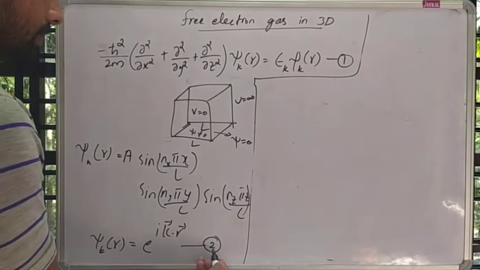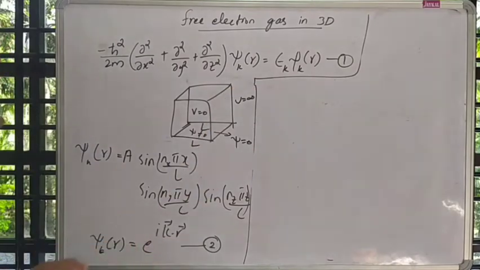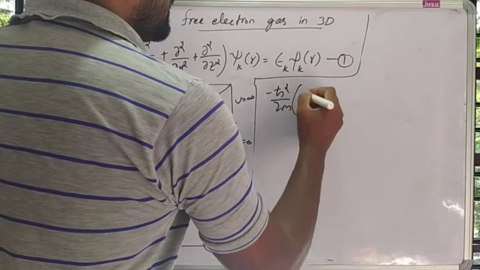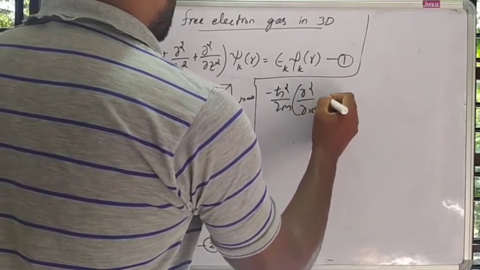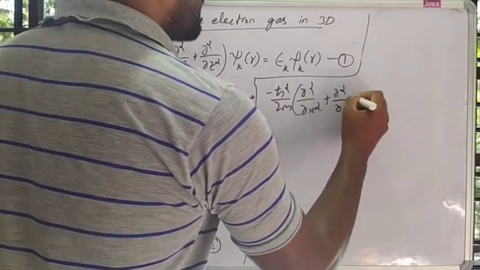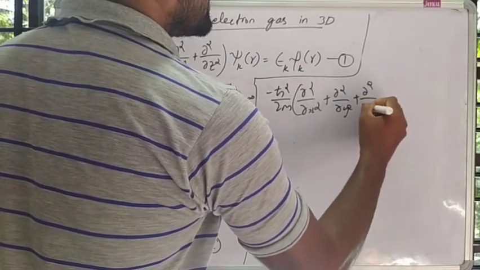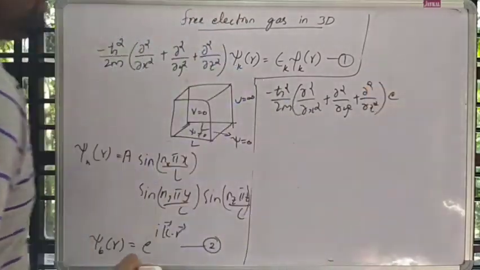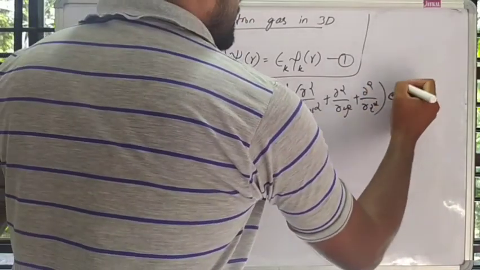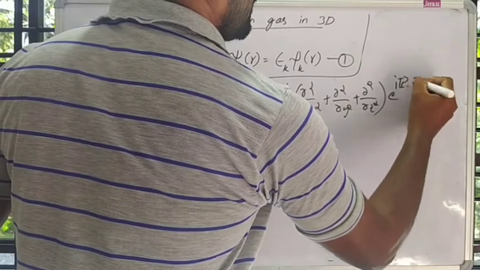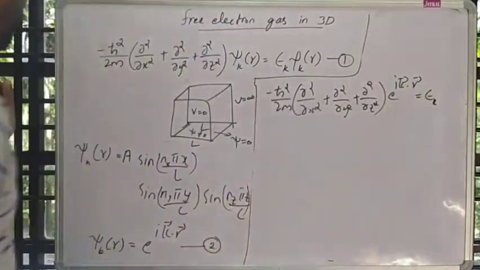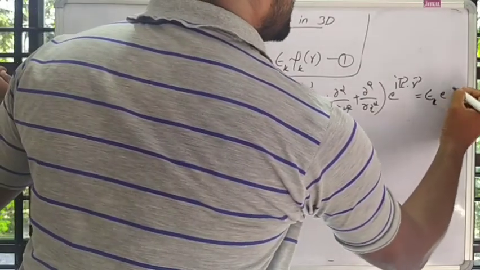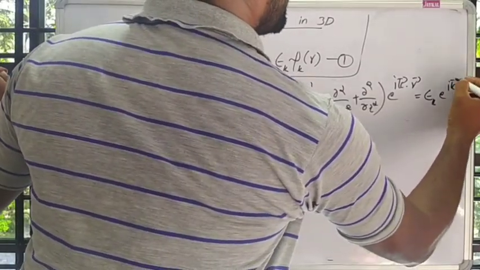If we substitute equation 2 in equation 1, we will get minus h bar square over 2m, dou square over dou x square plus dou square over dou y square plus dou square over dou z square, of e raised to i k dot r is equal to E_k e raised to i k dot r.